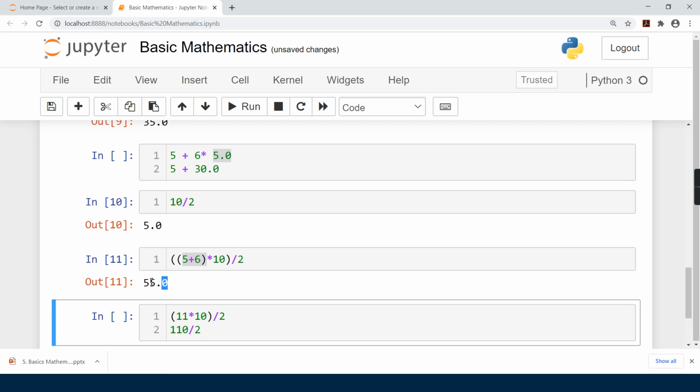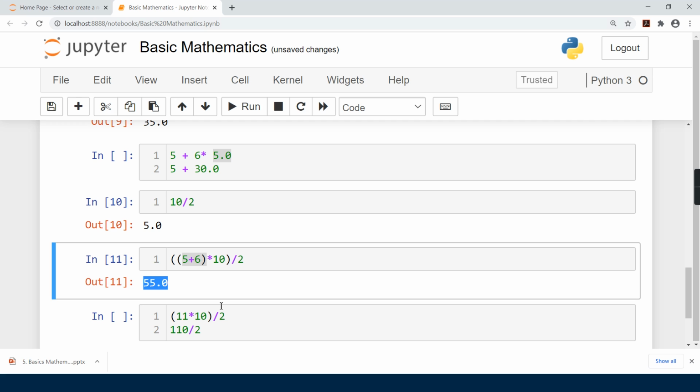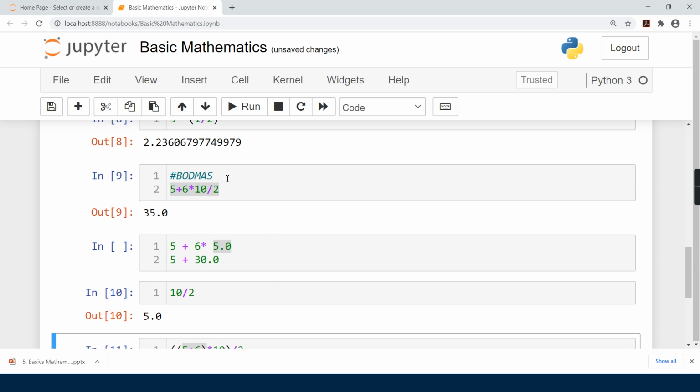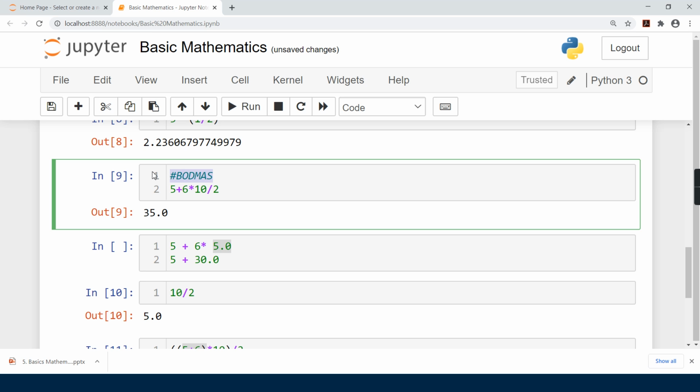That is why we are getting the value as 55.0. So this is the order of operations that we have. If you simply remember the short form BODMAS, it is going to make sure that you understand the concept of the order of operations in Python.